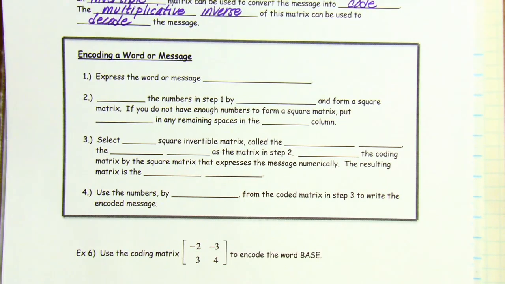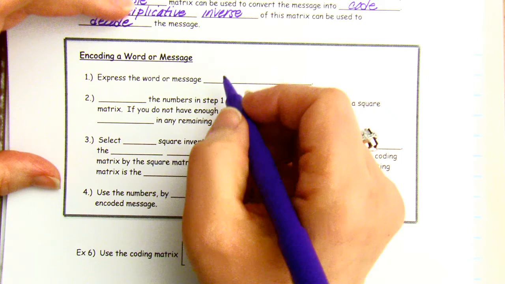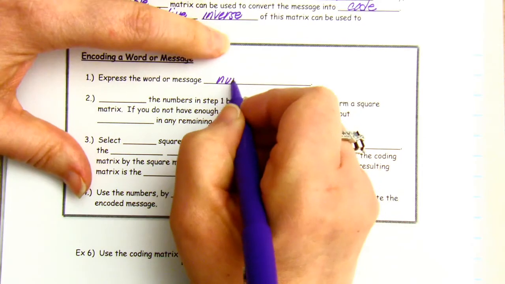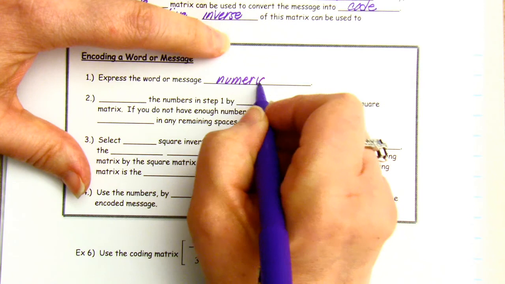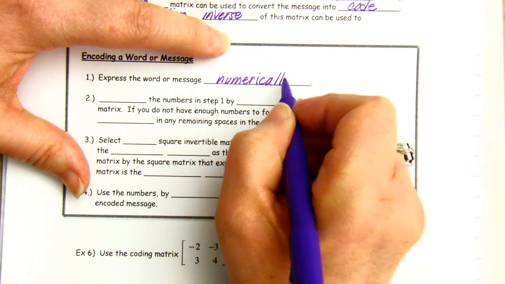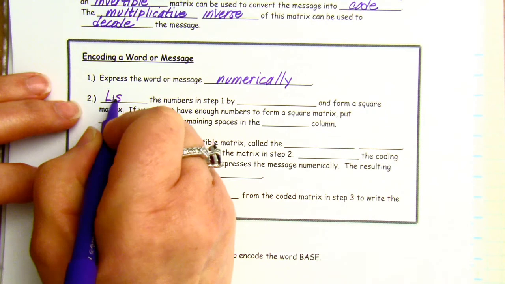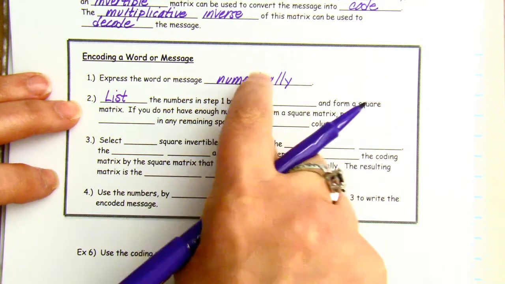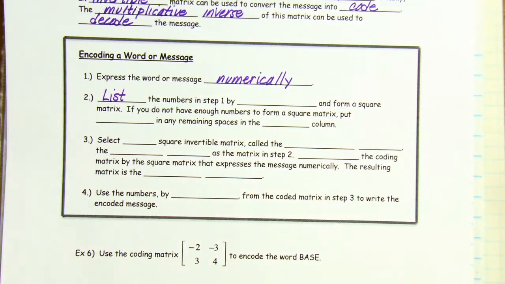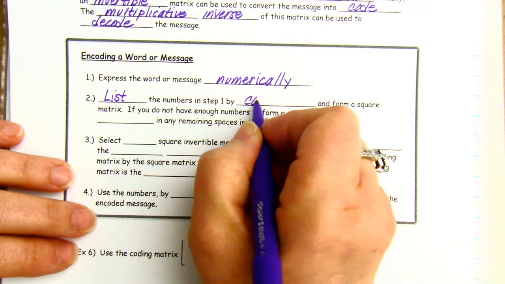These are the steps to encoding a word or a message. You will first express the word or message numerically. Second, you're going to list the numbers that you got in step 1 by columns.